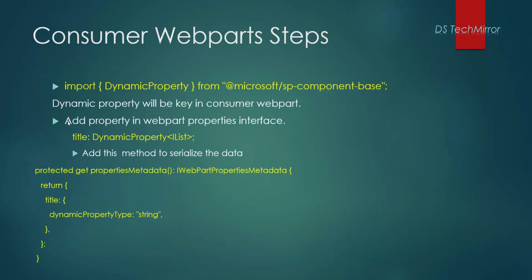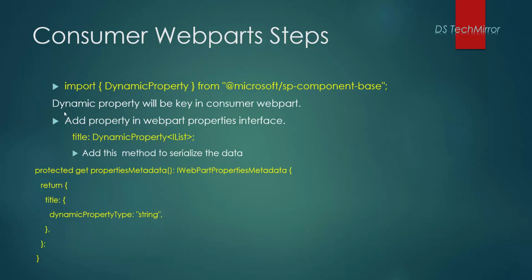Okay, now come to the consumer web part. In the consumer web part, we will absorb the value which my source web part will pass using dynamic property, and this dynamic property we will use in web part properties. So we have to import this dynamic property.